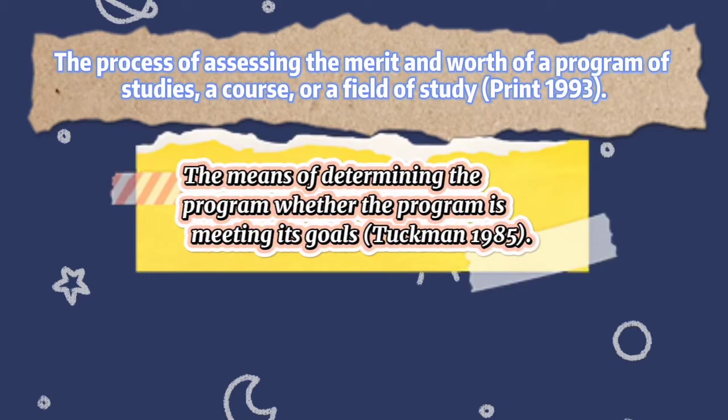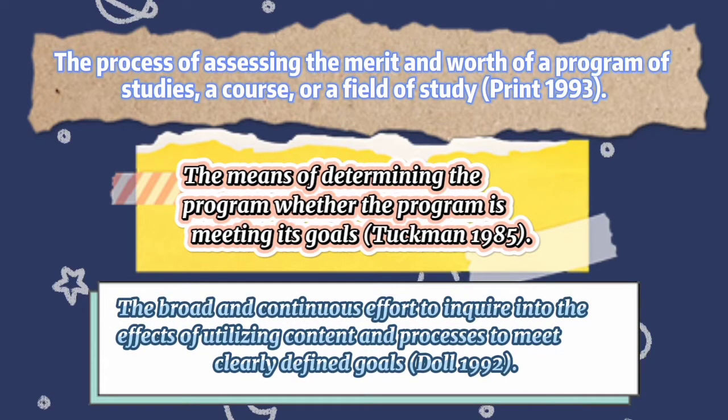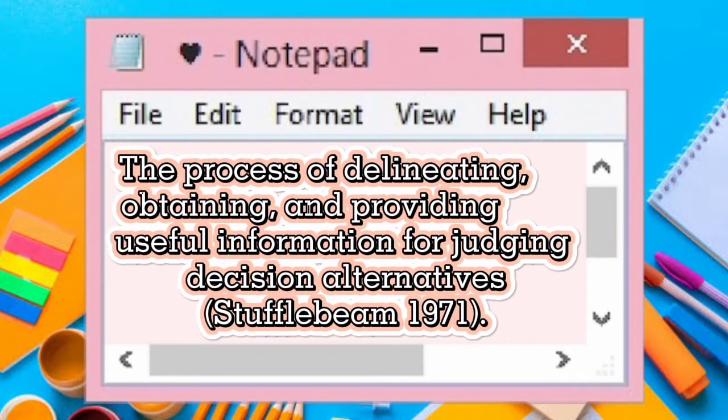The means of determining whether the program is meeting its goals. The broad and continuous effort to inquire into the effects of utilizing content and processes to meet clearly defined goals. And the process of delineating, obtaining, and providing useful information for judging decision alternatives.